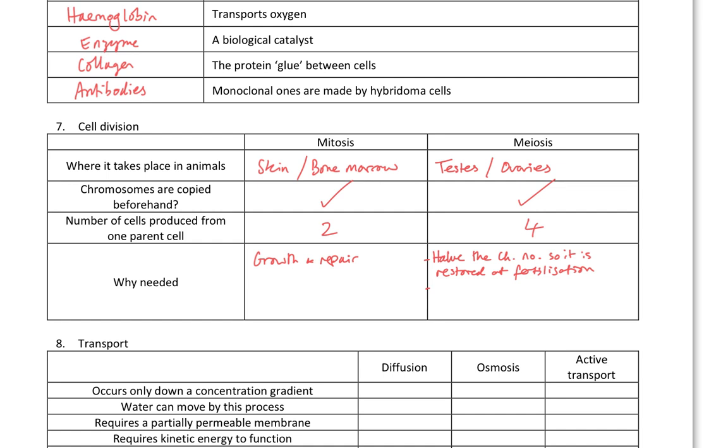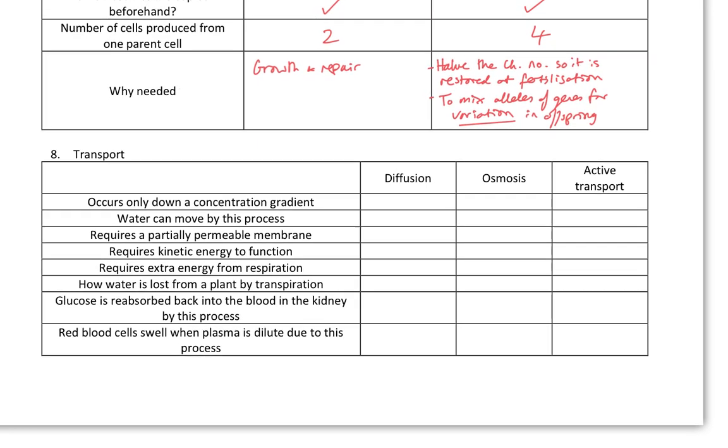But the main one is to gain variation in offspring. So it's to mix alleles of genes for variation in offspring. So that's the important bit. It enables evolution to take place if you have variation.